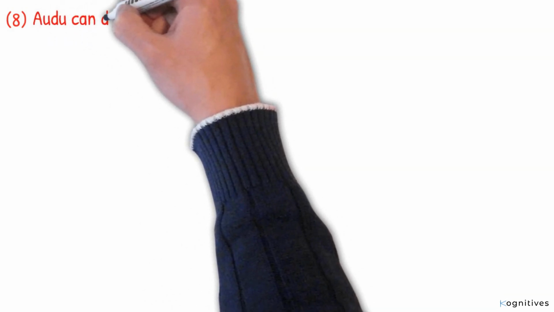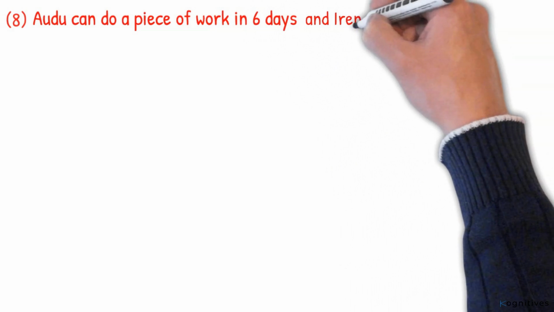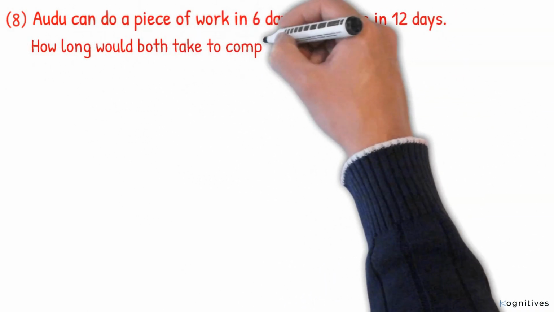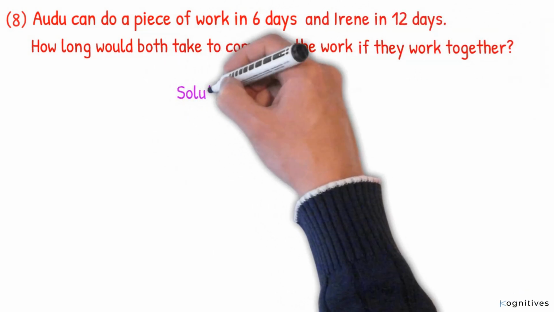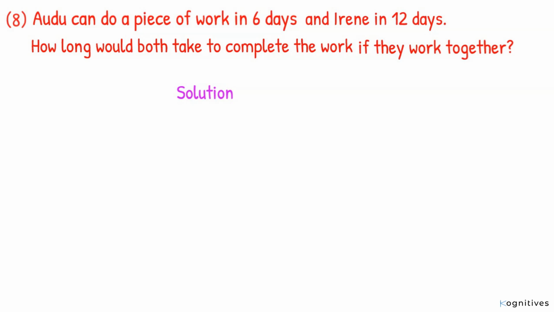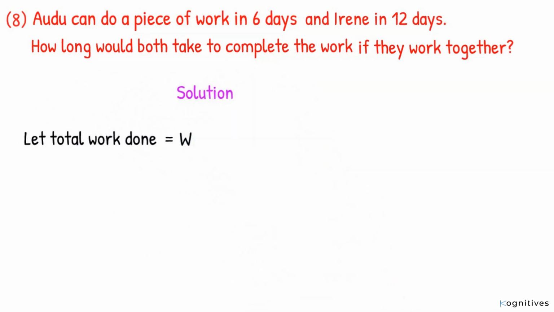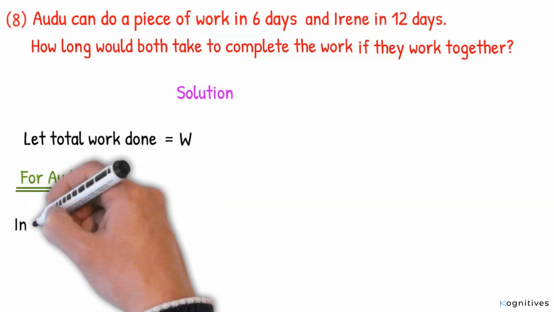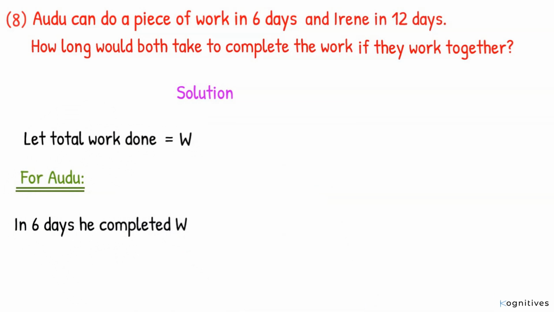The next question now says, Audu can do a piece of work in 6 days and Irene in 12 days. How long would both take to complete the work if they work together? Now, to solve this question, we're going to say, let total work done equal W. Therefore, for Audu, in 6 days, he completed W, that is the work.